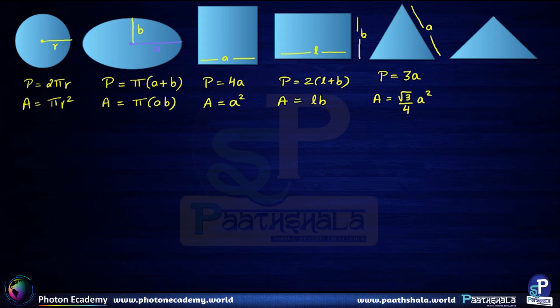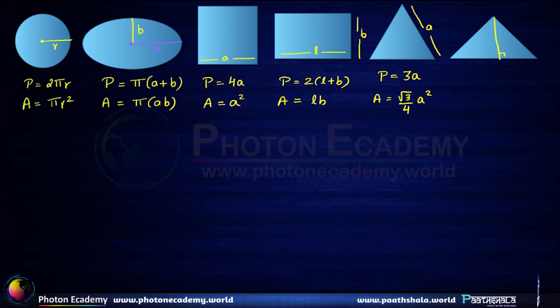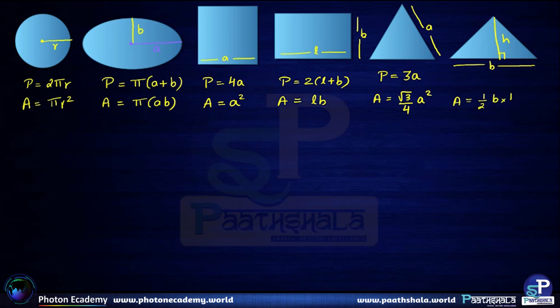So this is an arbitrary scalene triangle with height h and base b. So there is no formula for perimeter of this triangle unless the sides are specified. So the formula for area of this triangle is half into base into height.